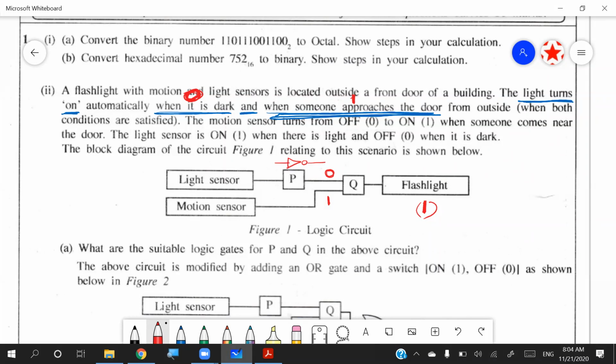Then it says both scenarios should be satisfied, and then Q is going to be an AND gate because both scenarios are going to be satisfied.